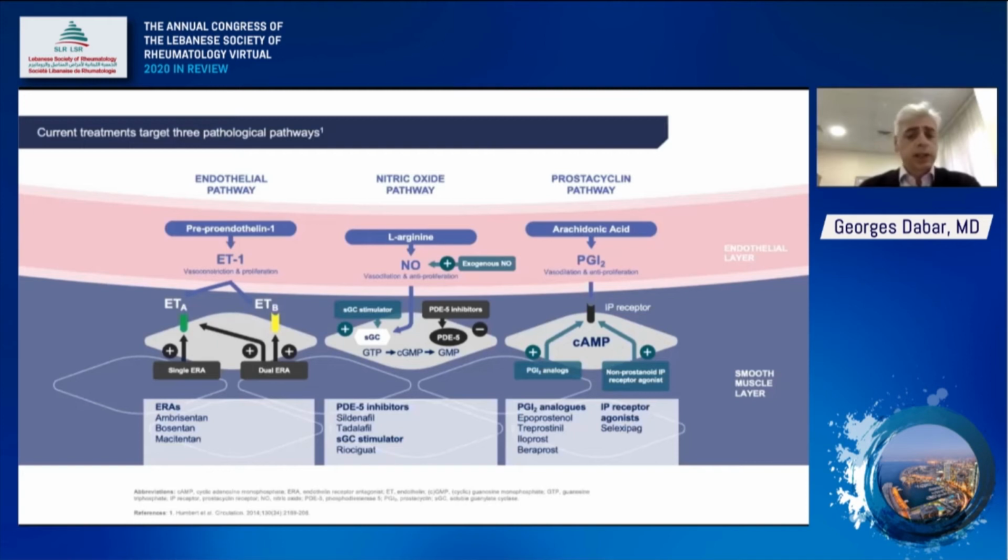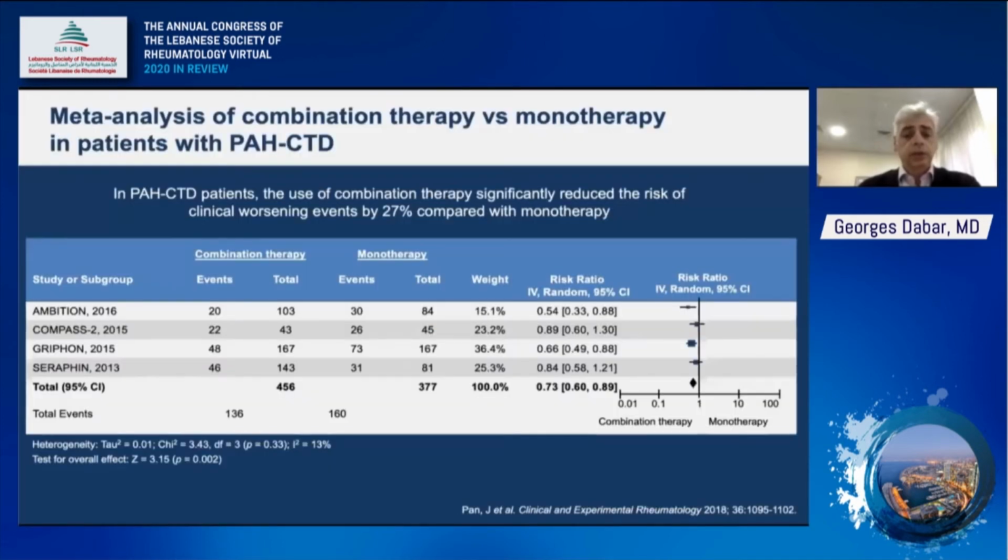And we'll go over the trials of the combination of those types of medication. Let's start with the meta-analysis of combination therapy versus monotherapy in patients with pulmonary arterial hypertension and connective tissue disease. The use of combination therapy significantly reduced the risk of clinical worsening events by 27% compared to monotherapy.